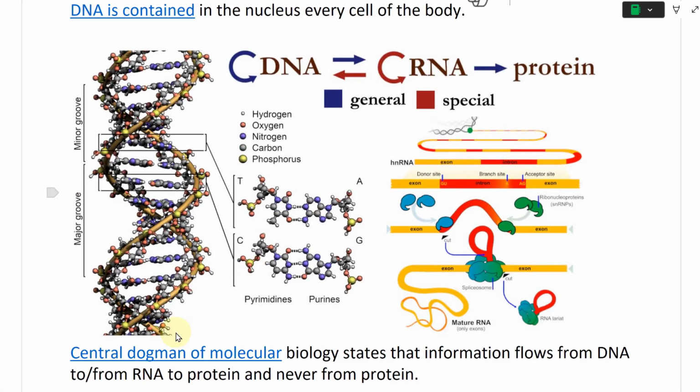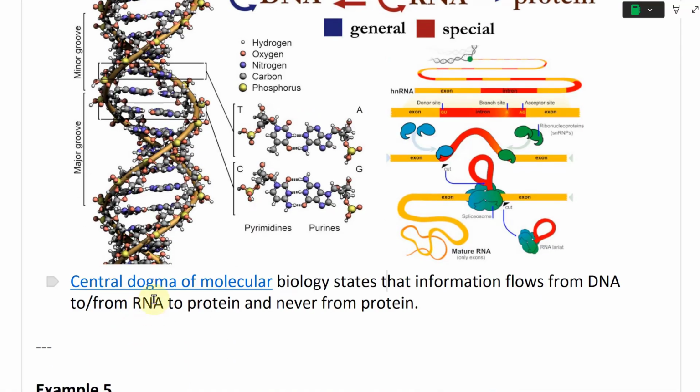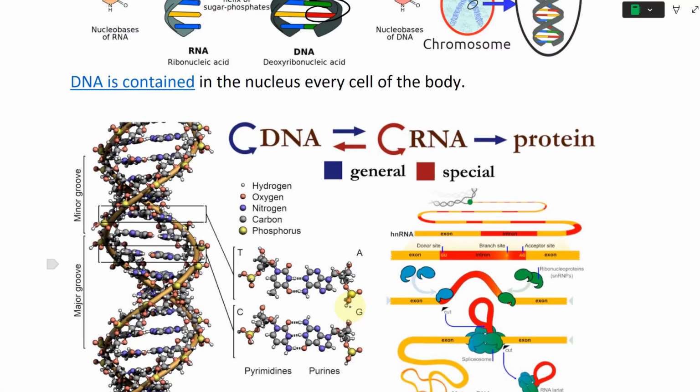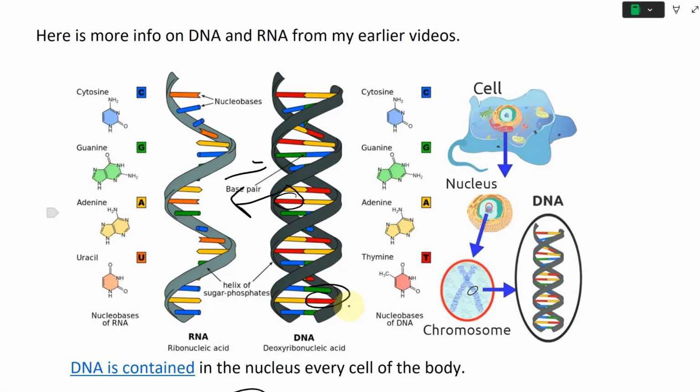And here's another diagram. This is the central dogma. The central dogma of molecular biology states that information flows from DNA to RNA to protein, and never from protein. So you can get one DNA to another, then you can go to RNA. And you can go backwards in some cases, like the reverse transcriptase enzyme and so on.